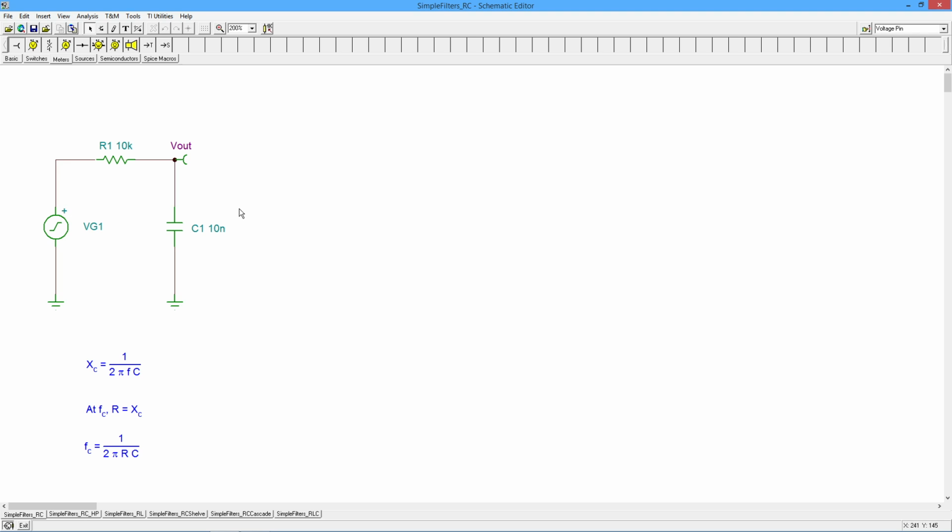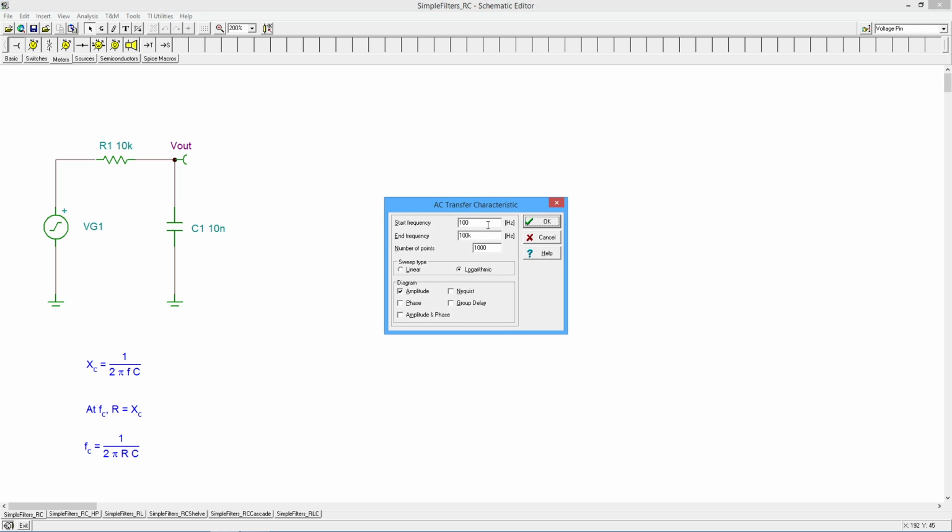And because power is the square of voltage, when you square that 0.707, which is 1 over the square root of 2, you get 1/2. In other words, 1/2 of the power. So we call this a half power point, or a critical frequency. And we simply solve this in terms of Fc, and we find that it's equal to 1 over 2 pi RC.